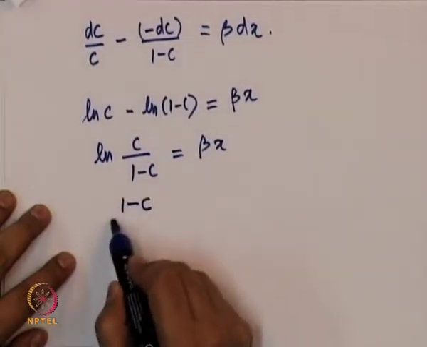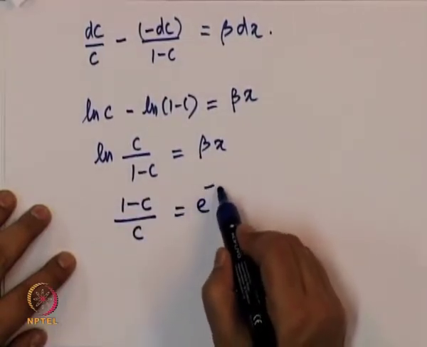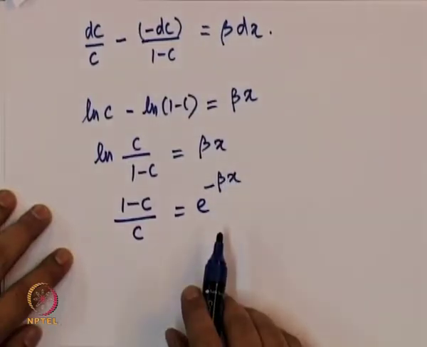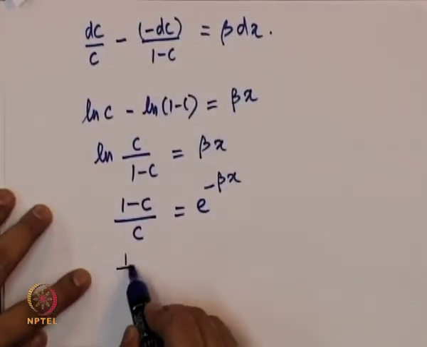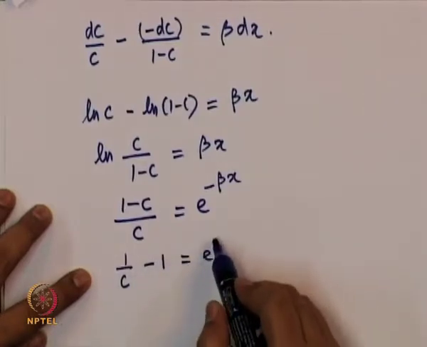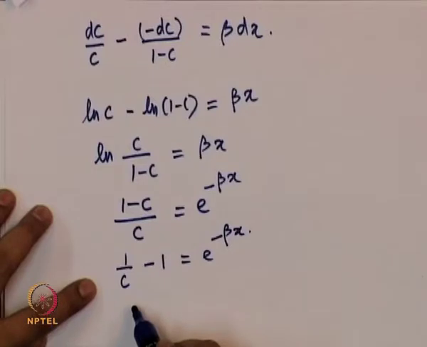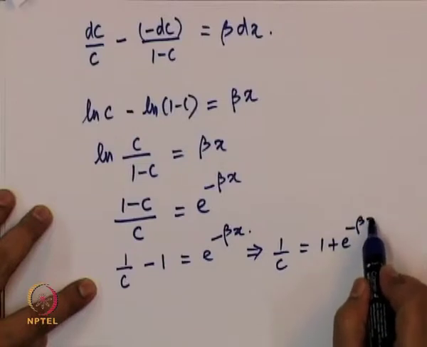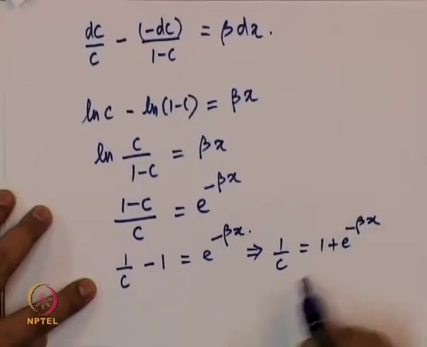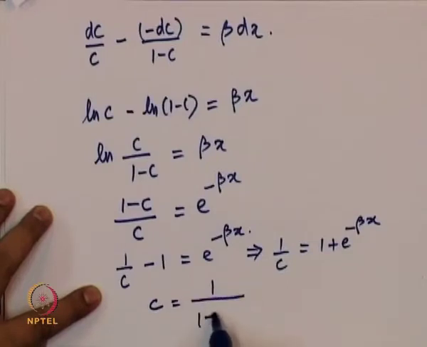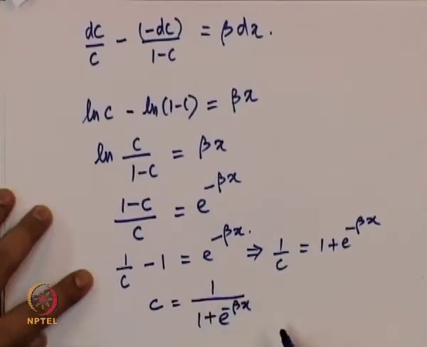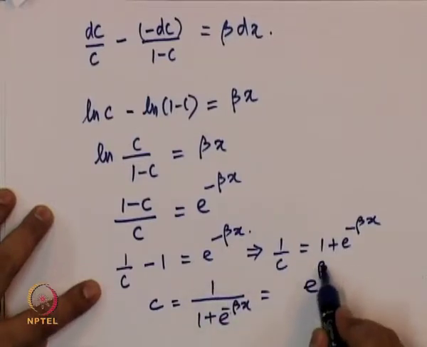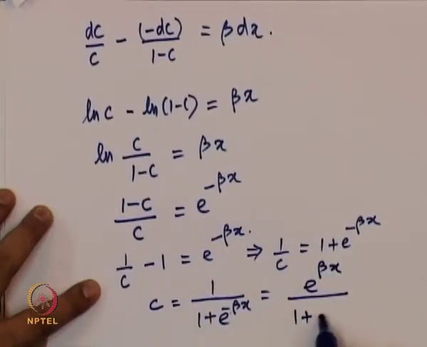So, 1 minus c by c is basically exponential minus beta x. So, 1 by c minus 1 equal to exponential minus beta x, which implies 1 by c is equal to 1 plus exponential minus beta x, which implies c is equal to 1 by 1 plus e power minus beta x, which can further be simplified by multiplying by e beta x. So, it will become e beta x by 1 plus e beta x.